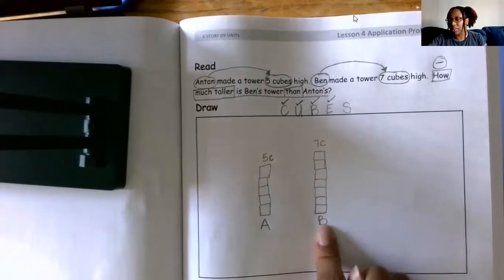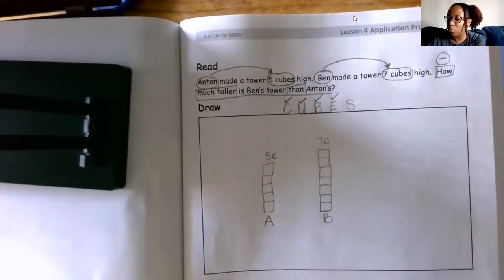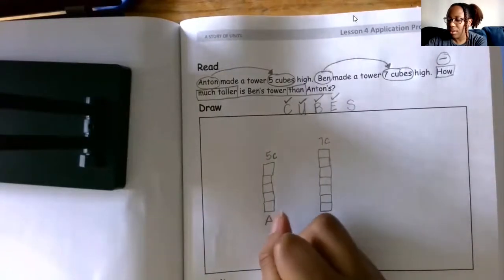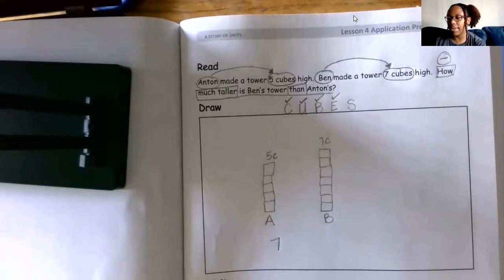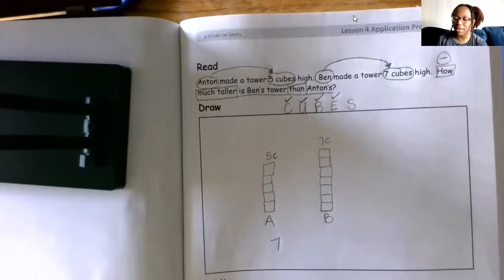Let's start off with Ben's. And I know his is 7 cubes high. So my number sentence will begin with 7. And am I going to add or subtract again? Oh, look, I have my minus sign right there. So that helps remember that I'm going to subtract.